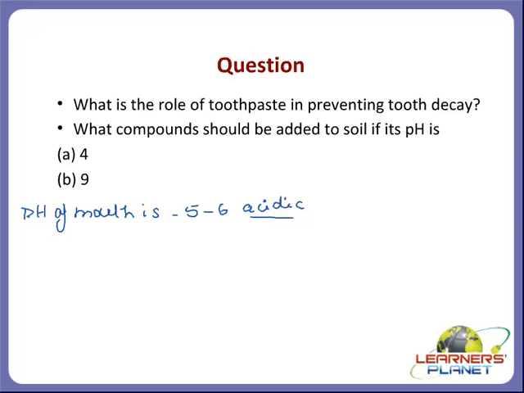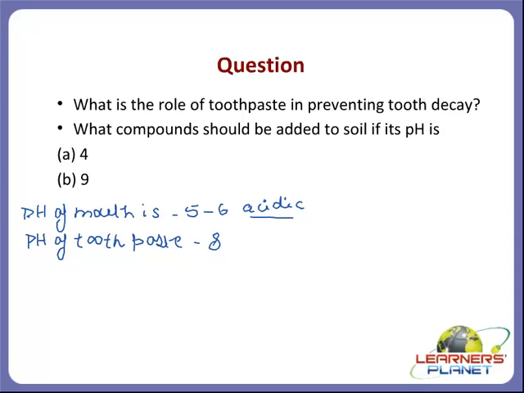Now, I also told you about the pH of toothpaste. What was it? It was on the alkaline side, that is, it was 8. So when the mouth is washed with the toothpaste, what happens?